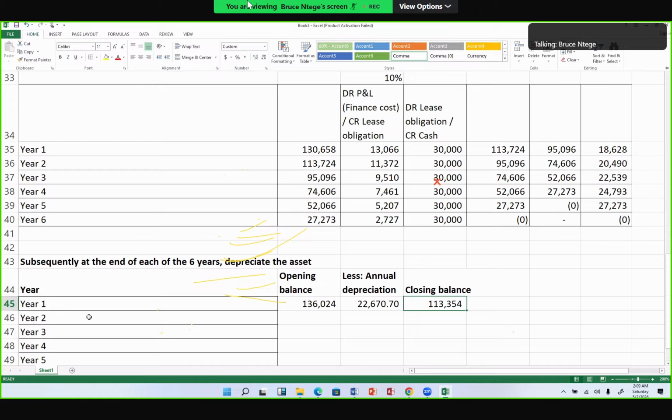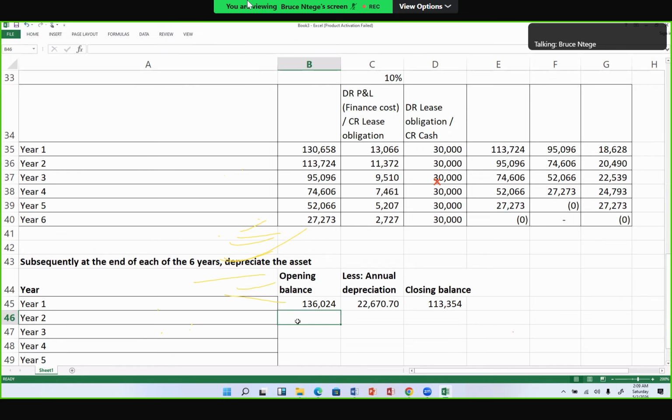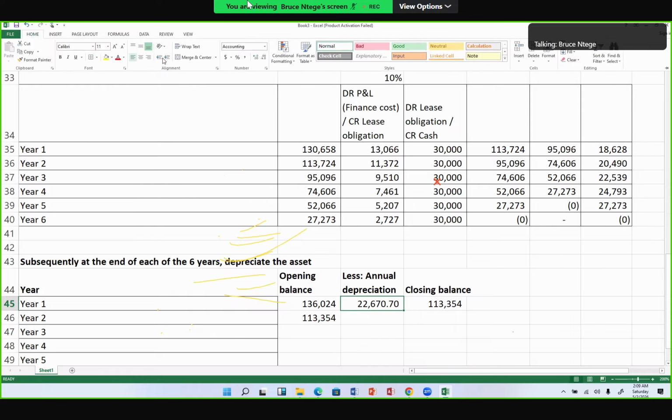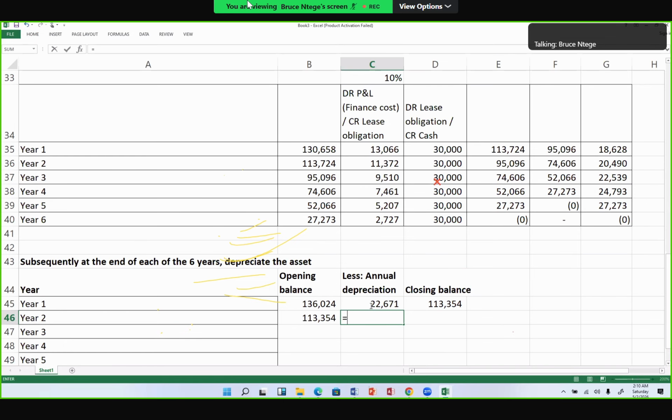Then I'll do that for year 2. Year 2 opening balance will be the figure that closed year 1. I still have the same depreciation. The depreciation is straight line, so it's uniform. It's the same depreciation every year. So I'll say that the depreciation is again 22,671, and this time around, the running balance at the end of year 2 is that figure.